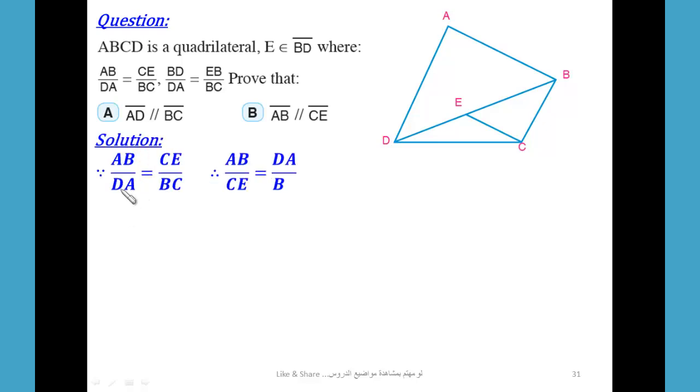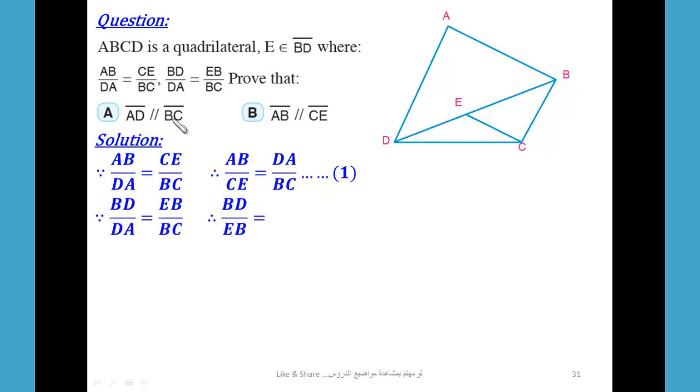We have AB over DA equals CE over BC from the given. Then AB over CE equals DA over BC, and this is number 1.